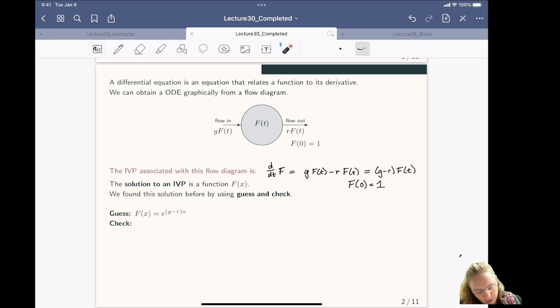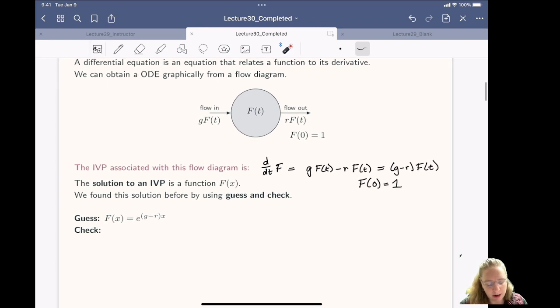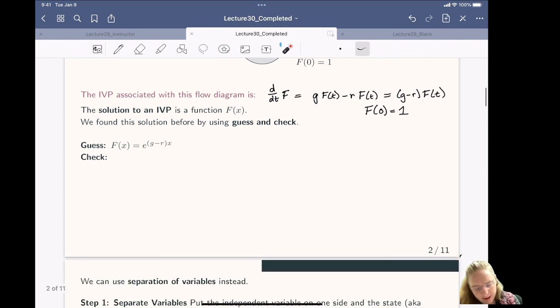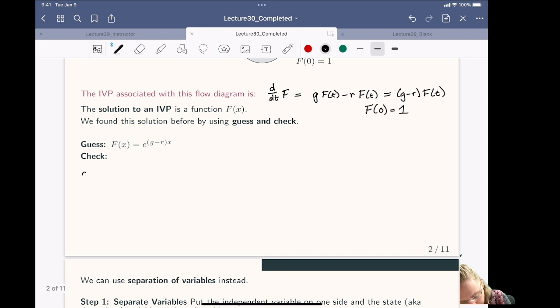All right, so far you've learned that how to solve an IVP is that you guess the solution, and so far we've only tried to guess simple solutions such as an exponential function or a line, so we can guess some solution and then we can check that solution. So let's suppose we guessed this function here. If we take the derivative, we have d by dt of f of t, which is equal to d by dt of e to the g minus r times t.